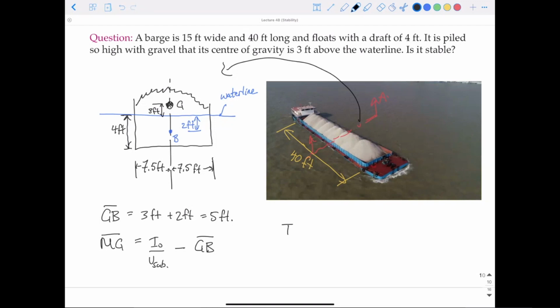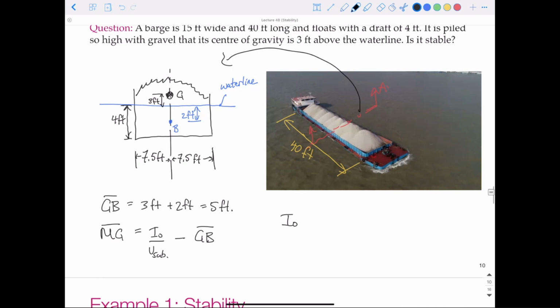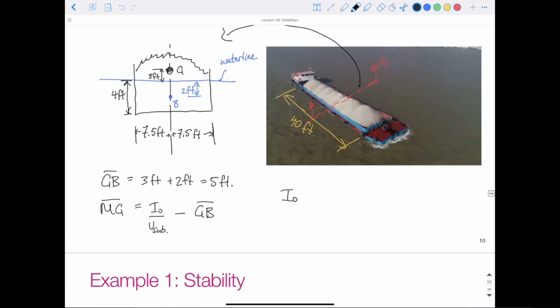So what is I0? In this case, I0 is the moment of inertia about the tilt axis of the footprint. So if we were to draw our footprint, this is 15 feet, and this is 40 feet.